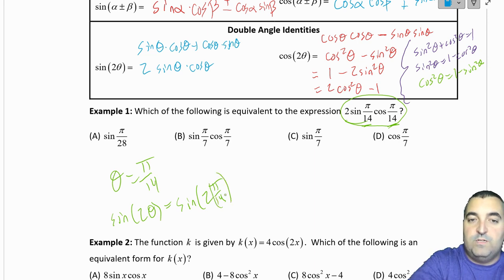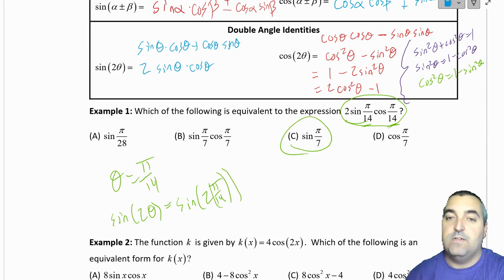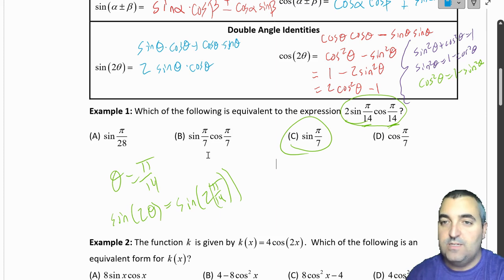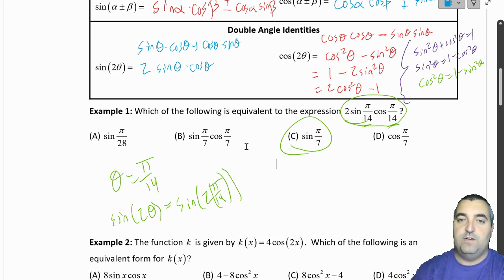Well, 2 times pi 14ths is really pi 7ths, which means my answer is C. So there's a good example of using the double angle formula in some multiple choice atmosphere, if you will.